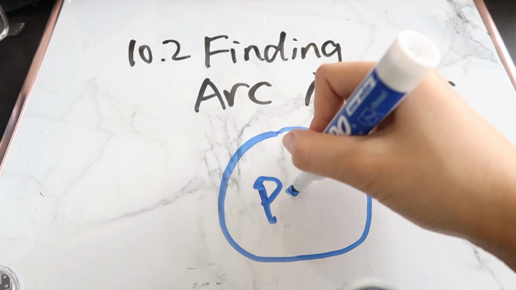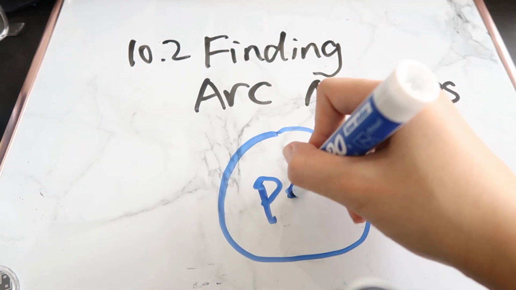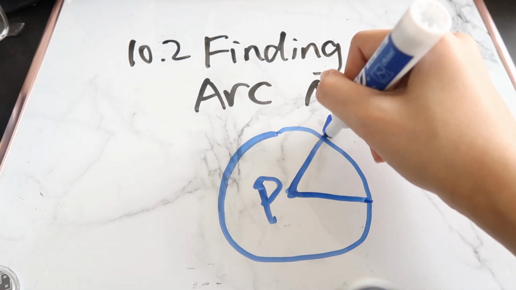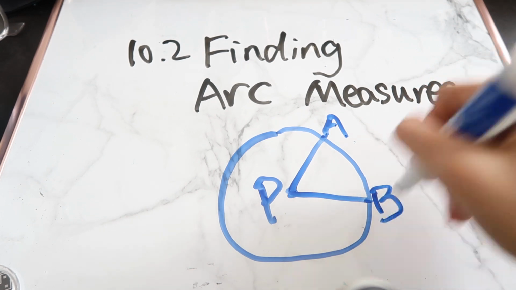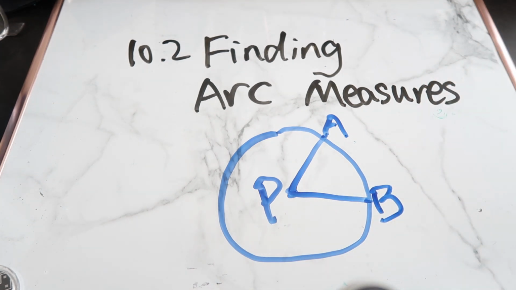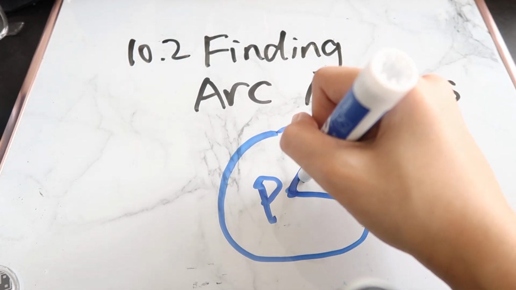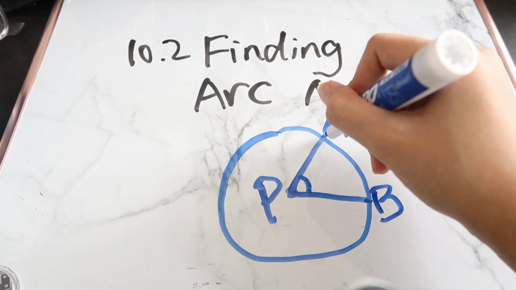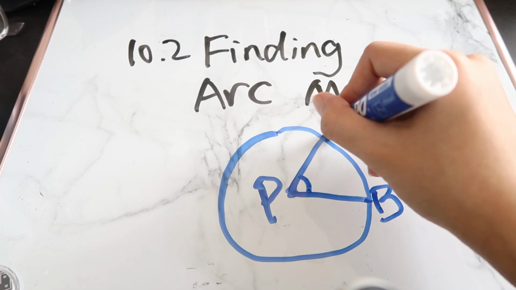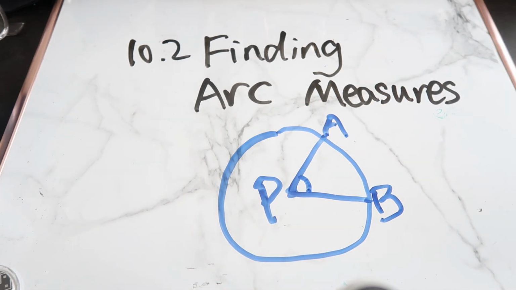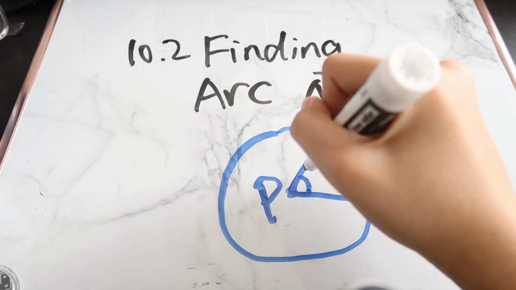Then we just draw two segments. We can call this A and B. So if you take a look at this, we already have our arcs. The arc is both the angle in the middle and also represents the arc from A to B. So let's say arc AB has a value of 50 degrees.